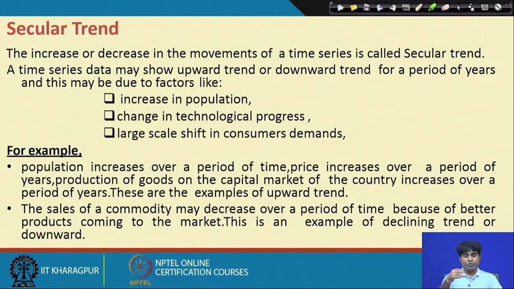These are examples of upward trend. Similarly, the sales of a commodity may decrease over time because a better product comes to the market, which is an example of a declining or downward trend.